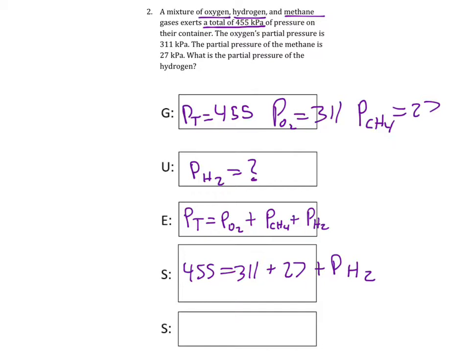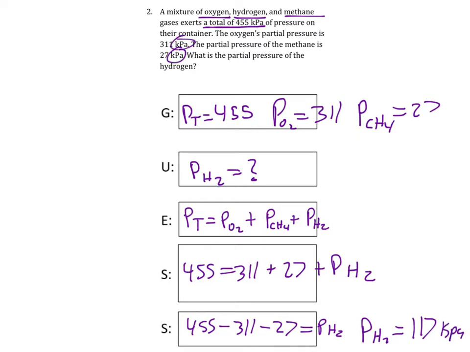It's very easy. You just subtract. You take your 455 and you subtract this and you subtract this to get your partial pressure of hydrogen gas. You just type that in your calculator and you get a partial pressure of hydrogen gas of 117. And that is going to be kilopascals because all of these are kilopascals. And there it is. And it's that simple.